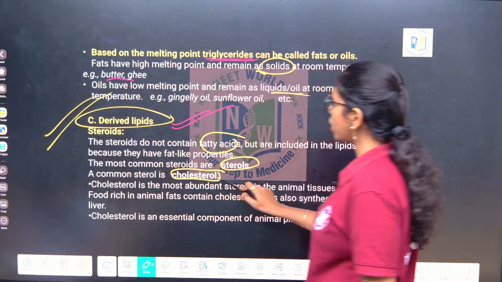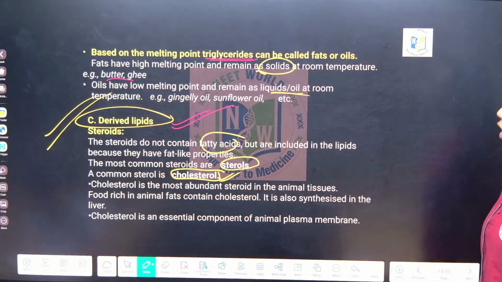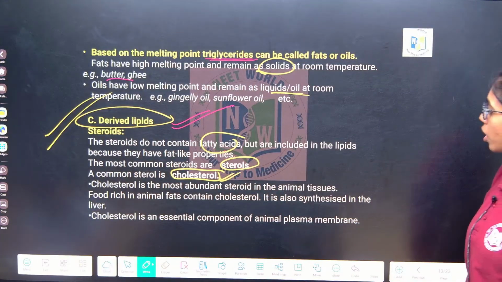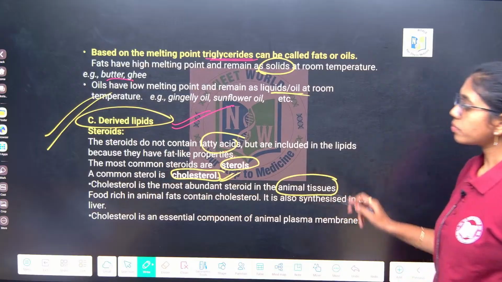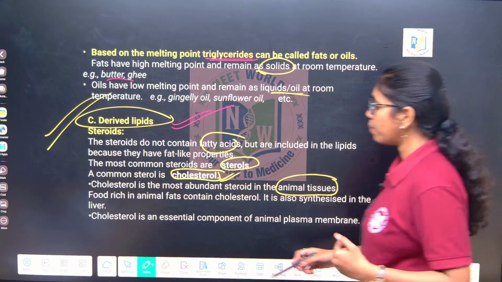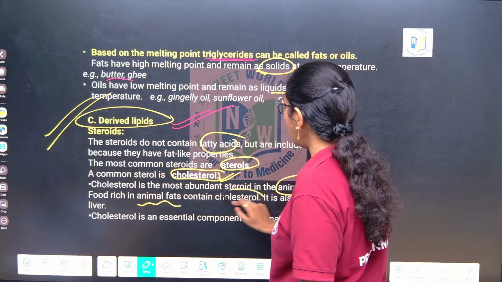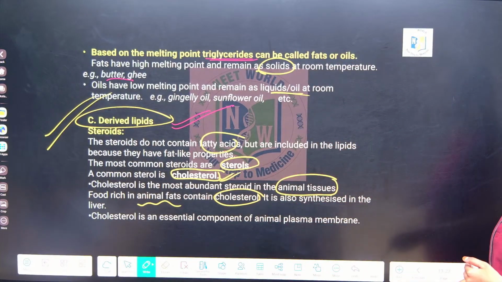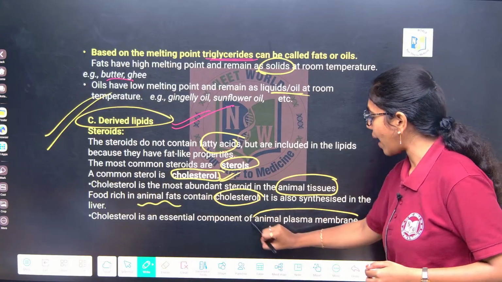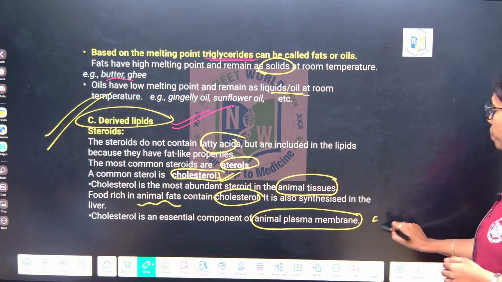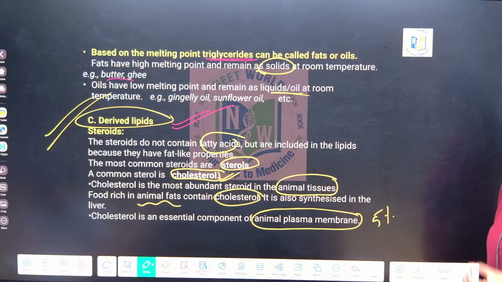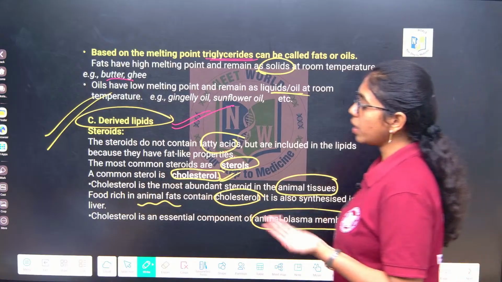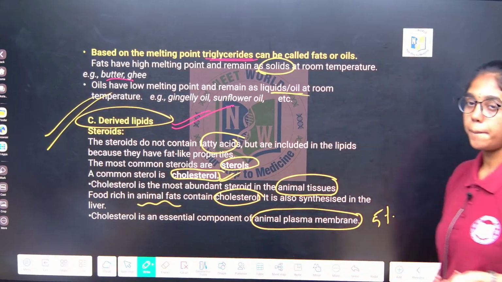Cholesterol is the most abundant steroid in animal tissues. Food rich in animal fats contains cholesterol. It is also synthesized in the liver. Cholesterol is an essential component of the animal plasma membrane, where 5% of the total composition will be cholesterol.